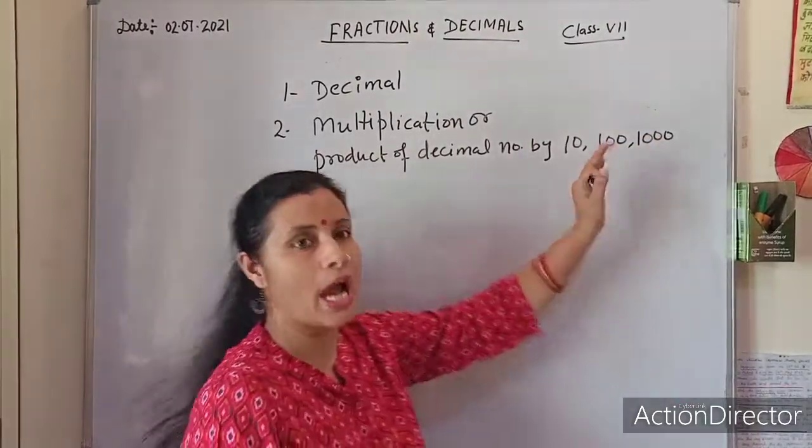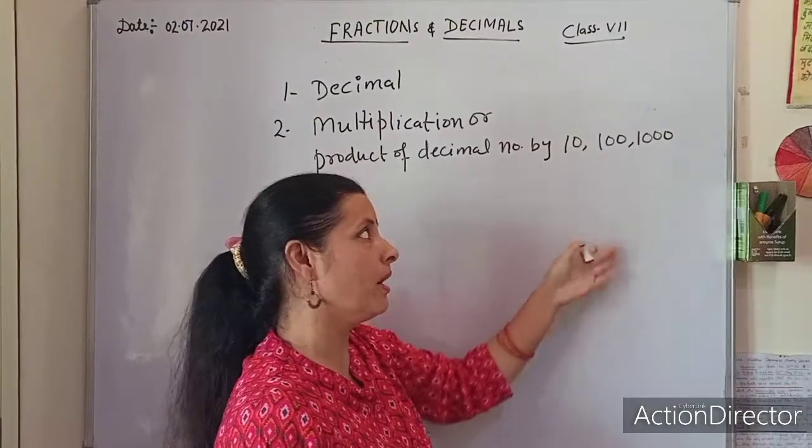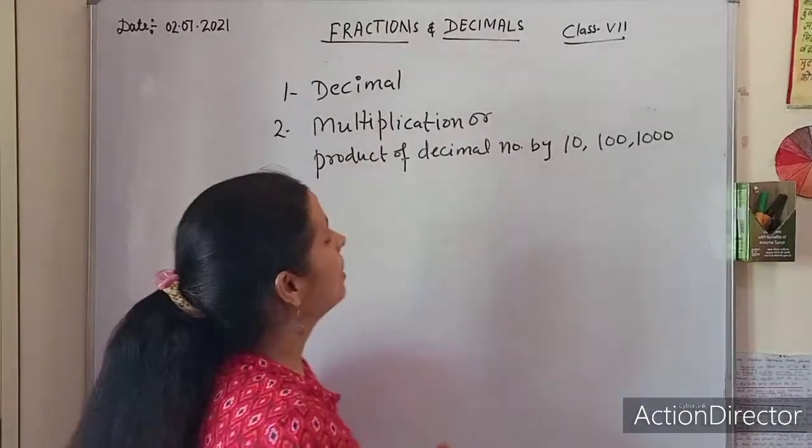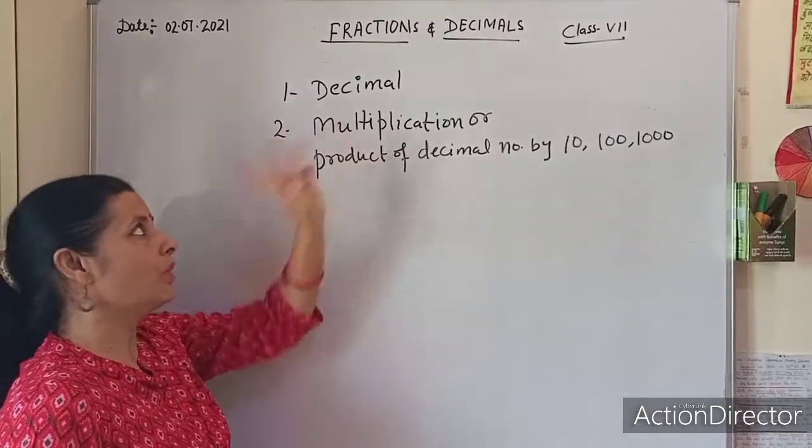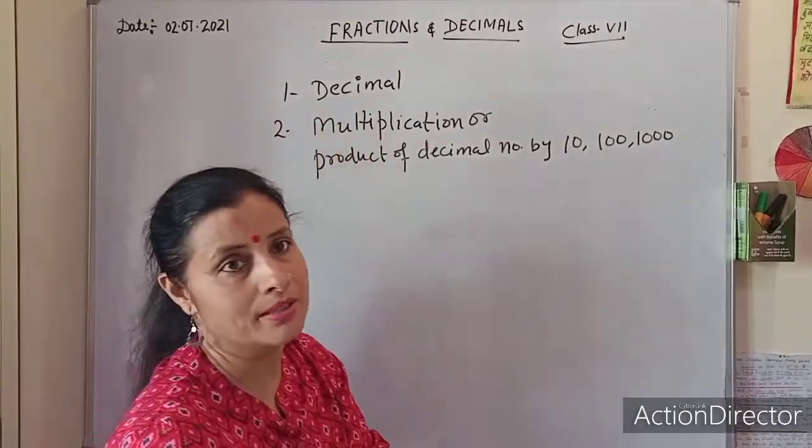Up to 1000 we have to multiply decimal numbers, as well as division. Okay, so we will understand the terms one by one. So what does decimal mean?